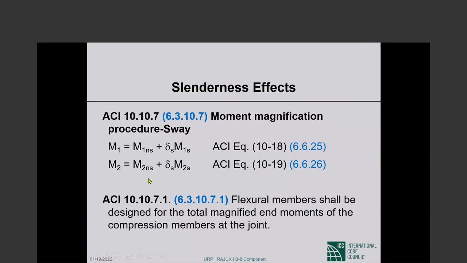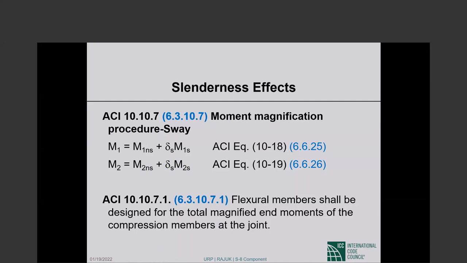And M sub 2 likewise is M sub 2 non-sway plus delta sub S, a sway multiplier, times the sway moment. I want to read the definitions of, let us say, M sub 1 NS and M sub 1 S from 318, chapter 2, where the definitions are.